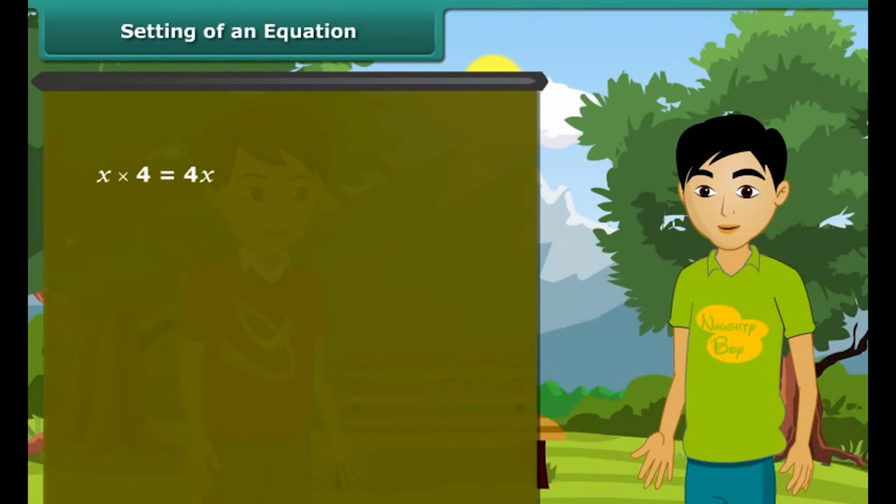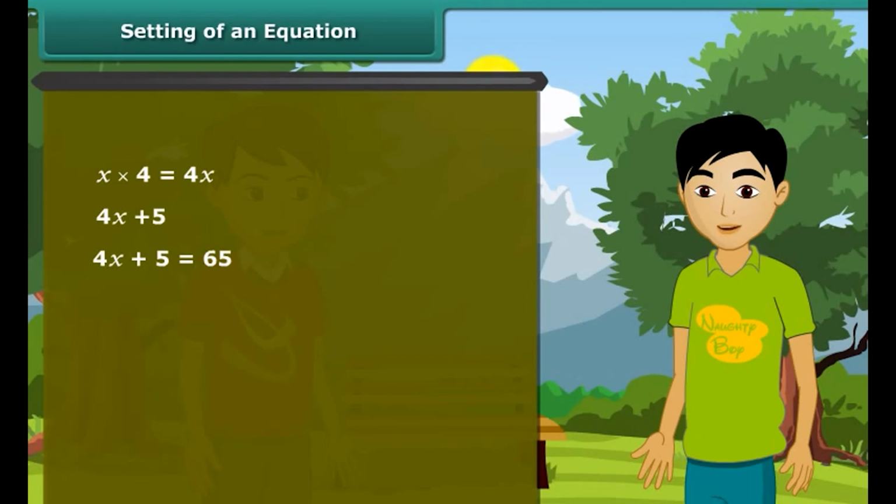I asked you to multiply the number by 4. You get 4x. Then add 5 to the product, which gave 4x plus 5. You get the result 65, which means 4x plus 5 is equal to 65.